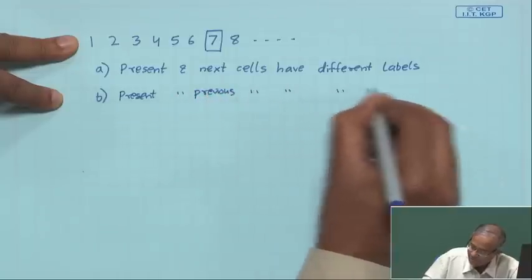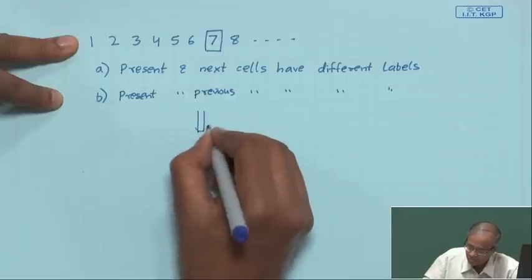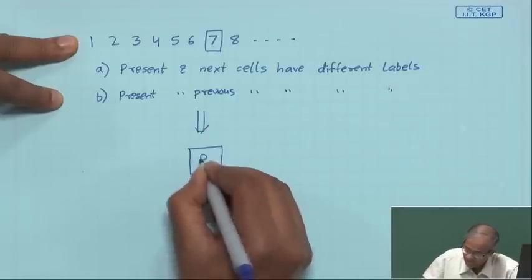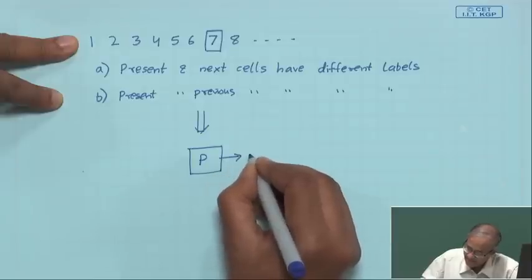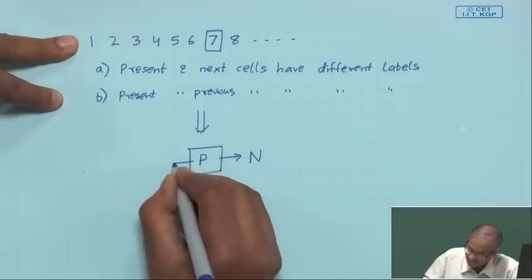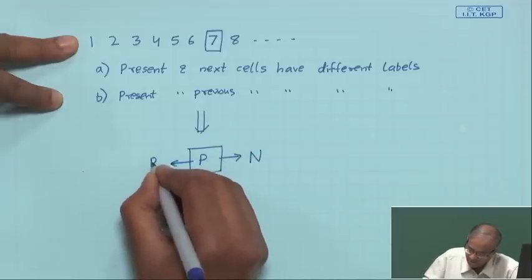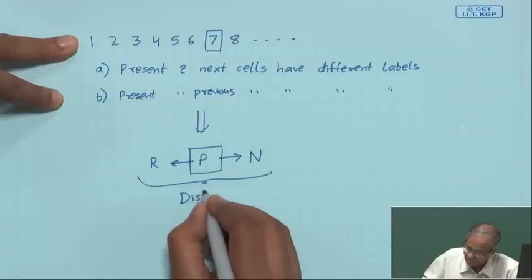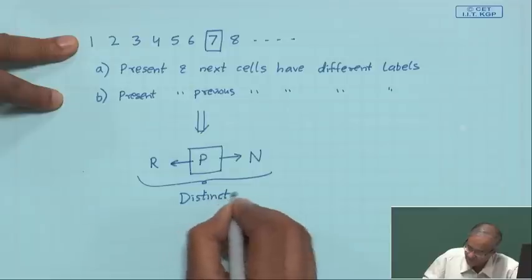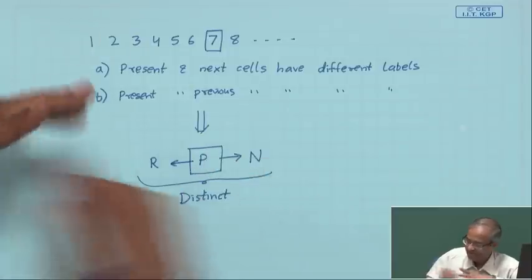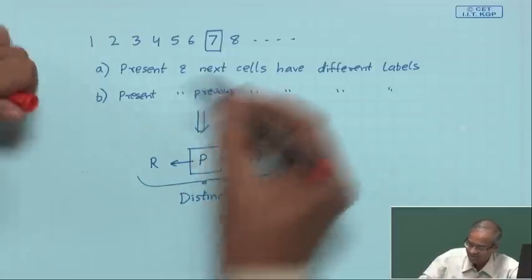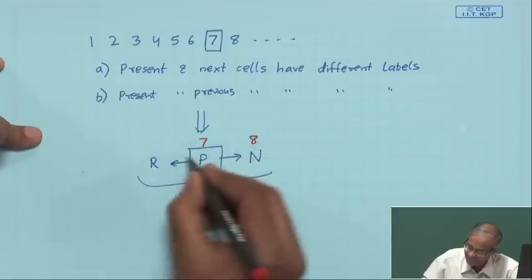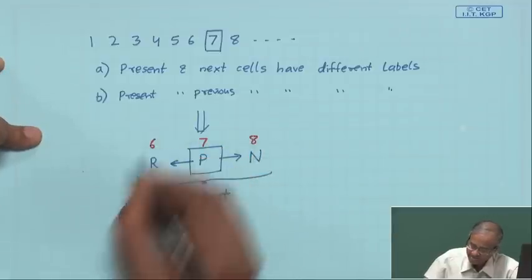they also have different levels, but one thing is true, that you have a particular present cell, let us call it P, the next cell let us call it N, and the previous cell let us call it R. They are all distinct, they are labeled in a distinct way. Like if P is 7, the example I took here, then your N will be 8 and R will be 6.